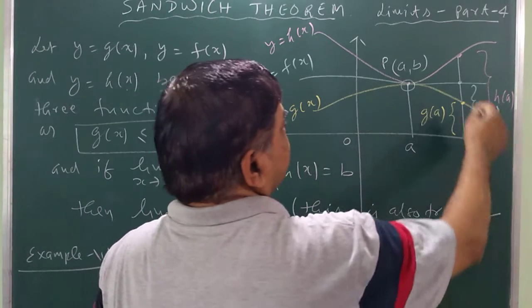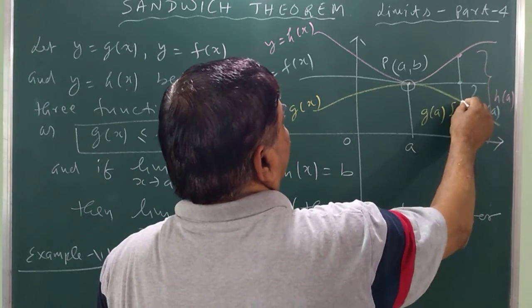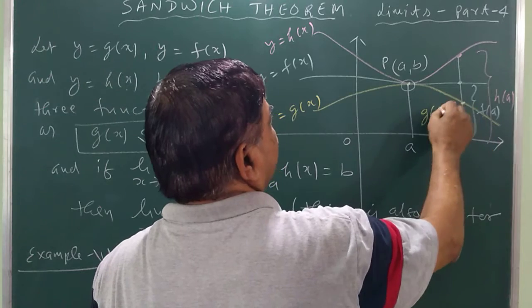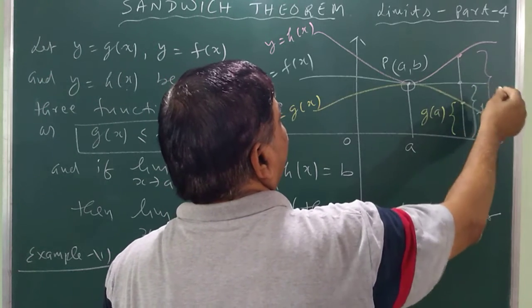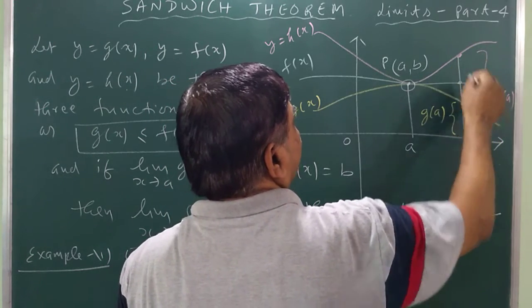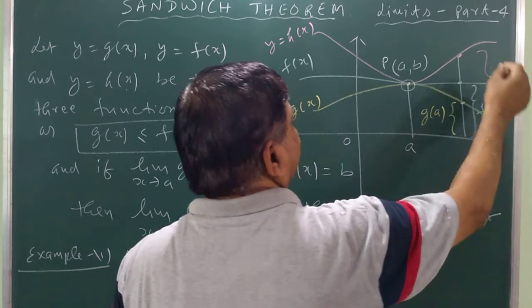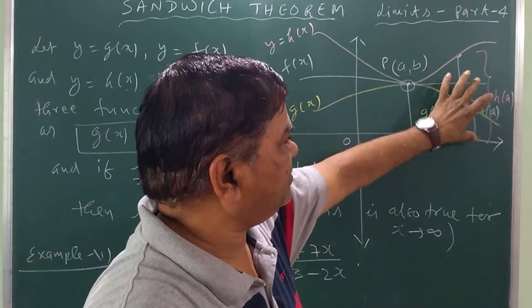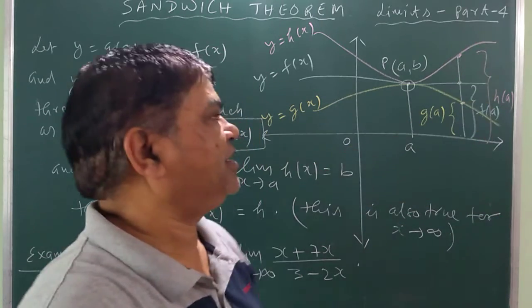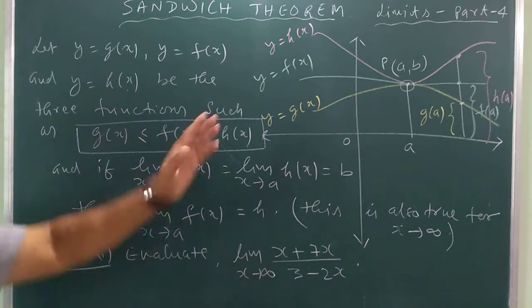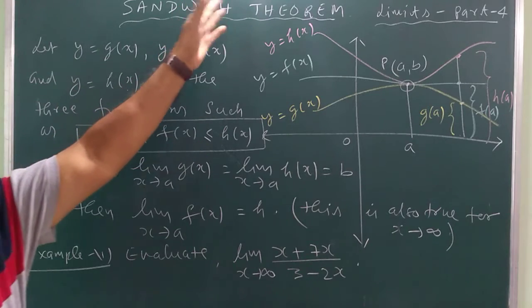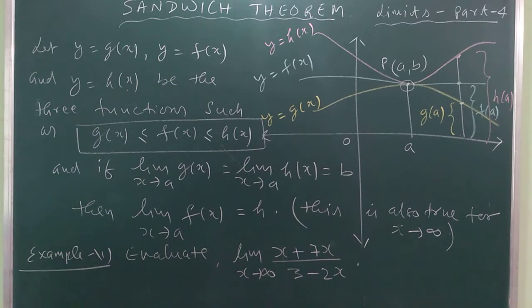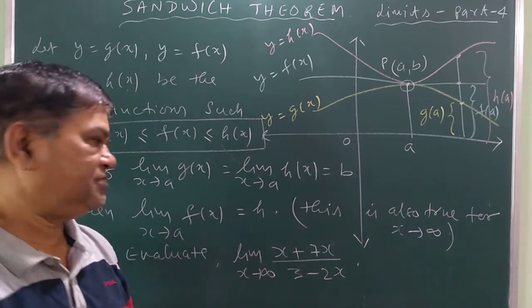Here, from this to this is g(a), from this to this is f(a), and from this point to this one is h(a). So you can see clearly that g(a) is less than or equal to f(a), less than or equal to h(a). Such a type of function is drawn in the case of the sandwich theorem. Then what does the sandwich theorem say?